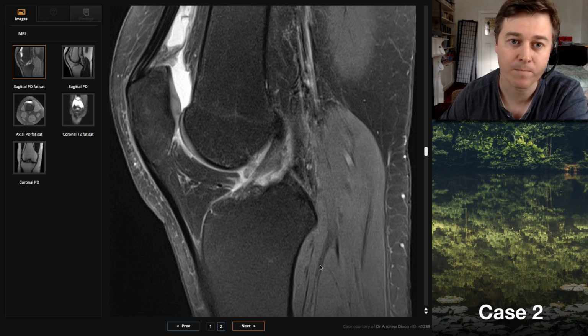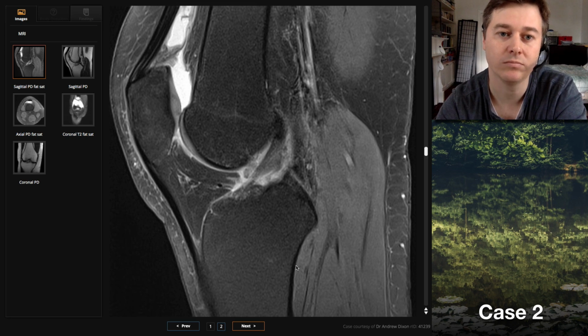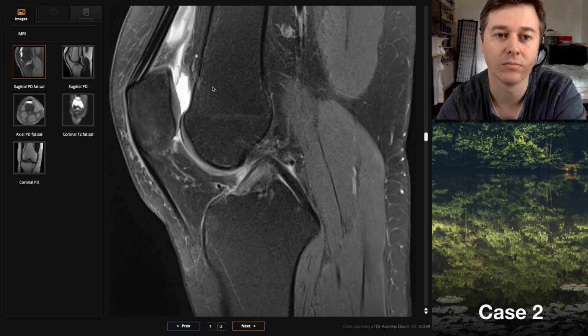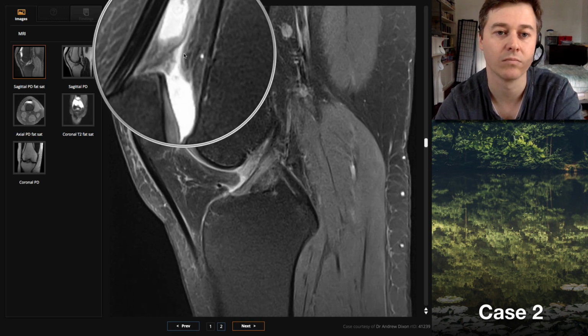Okay, so sagittal PD fat sat demonstrates a thick synovial band within a suprapatellar pouch joint effusion.